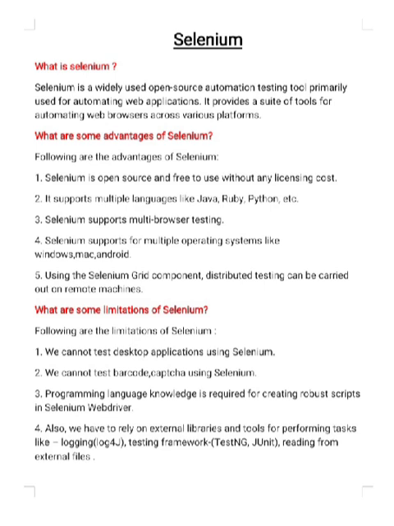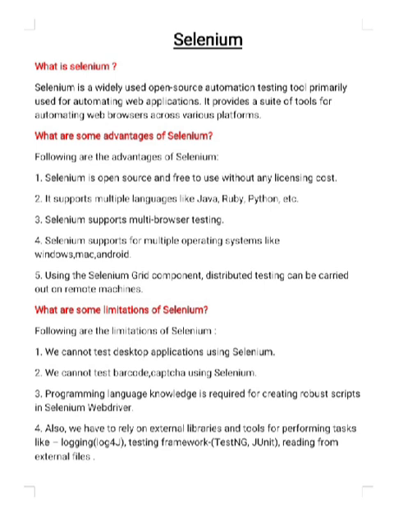After that, the fourth one is we have to rely on external libraries and tools for performing tasks. Means what? Sometimes we need to use Log4j. Sometimes we need Apache POI for reading external files. Sometimes in frameworks we need to use TestNG. So those are some external libraries we need to use.